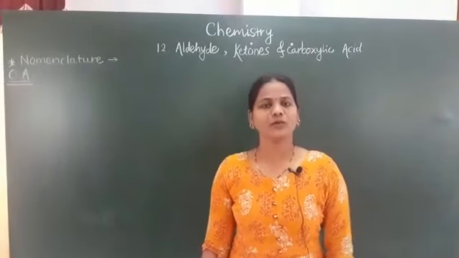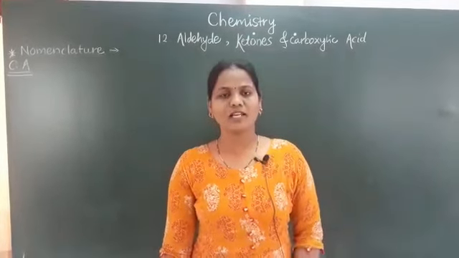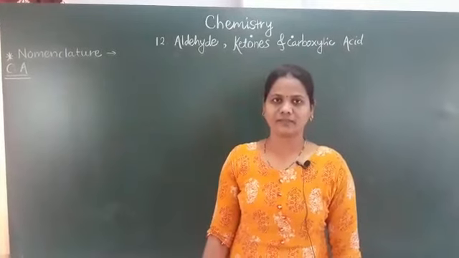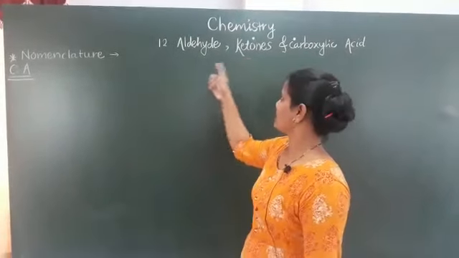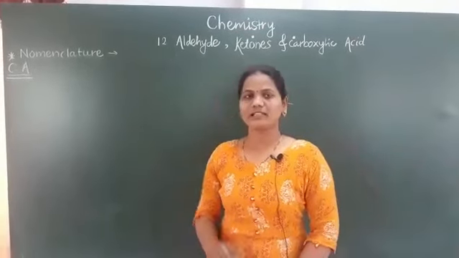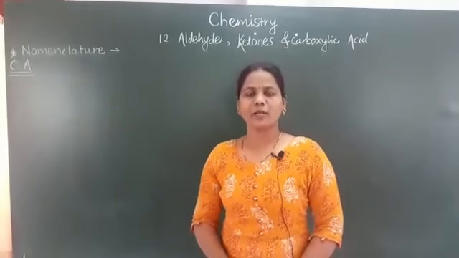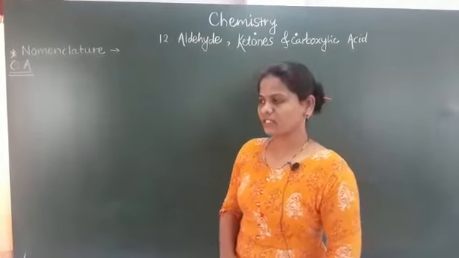Now in this video we are going to learn about the nomenclature of some examples of carboxylic acid and aldehyde. This is the second part of aldehyde, ketone and carboxylic acid. Now let us begin how to give the trivial name and IUPAC name to the carboxylic acid. Some of the examples we will see.